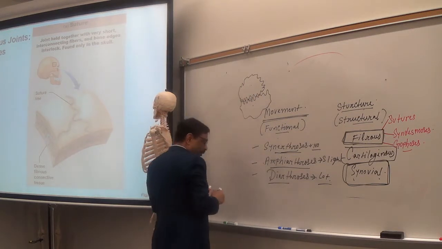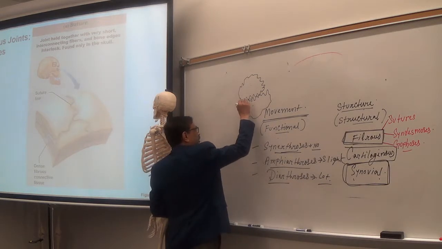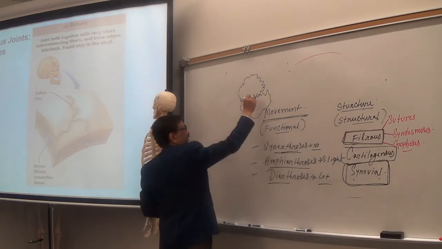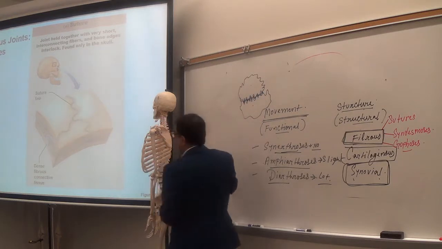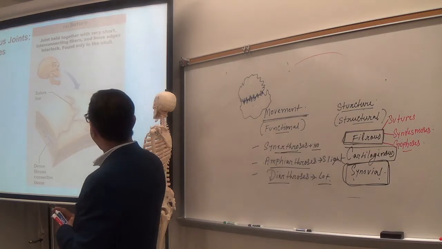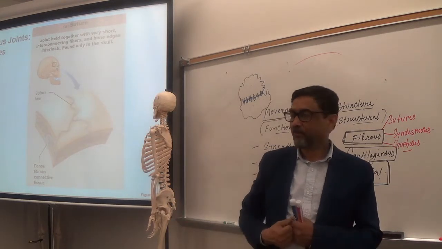Now here, inside the sutural joint, you will see very short fibers, very short fibers like this. That's why it belongs to fibrous joints. Okay, held together with very short interconnecting fibers. Make sense? Okay.